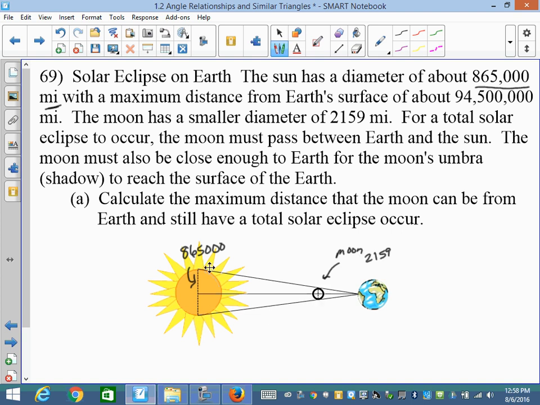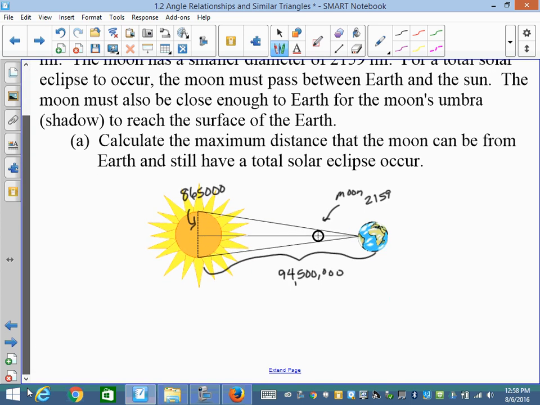And the maximum distance that the sun is from the Earth, so this is the whole entire distance, is 94,500,000. Now, if you know scientific notation, you could play with it if you want. I'm not going to, because I don't want to confuse somebody who's not familiar with it. But we're ready to go now.